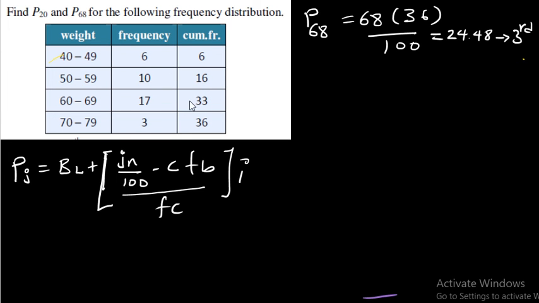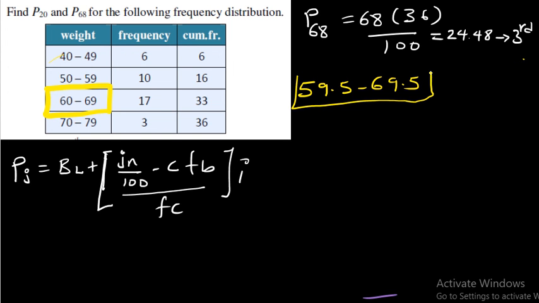So 24.48 is found in the third class. Therefore, the class will be from 59.5 till 69.5. The 68th percentile will be found here.